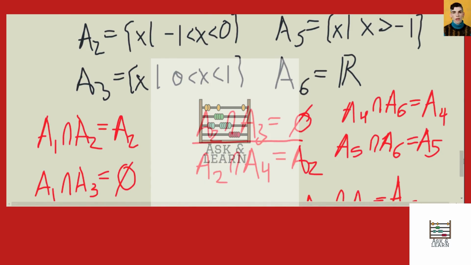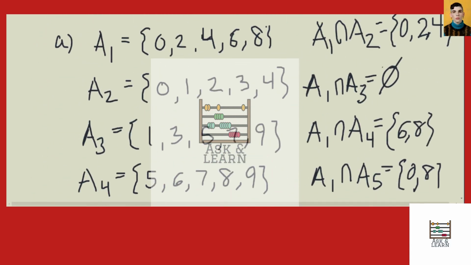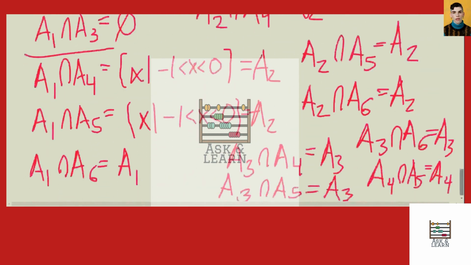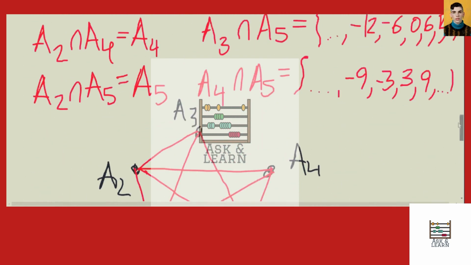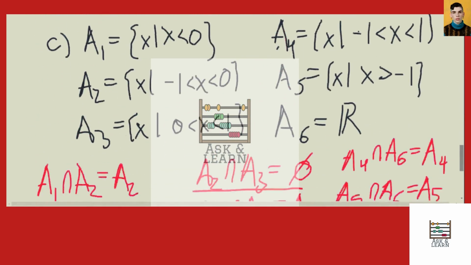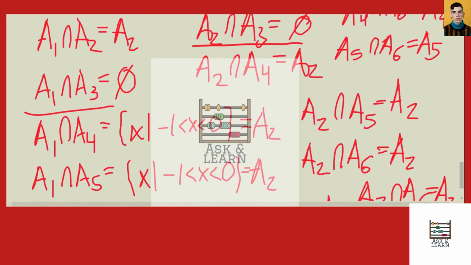So to draw the intersection graph, I'll draw a hexagon. I'm going to need to make some space somewhere. So I'll just draw it down here.